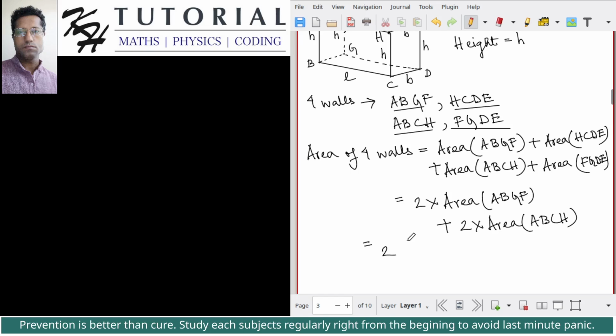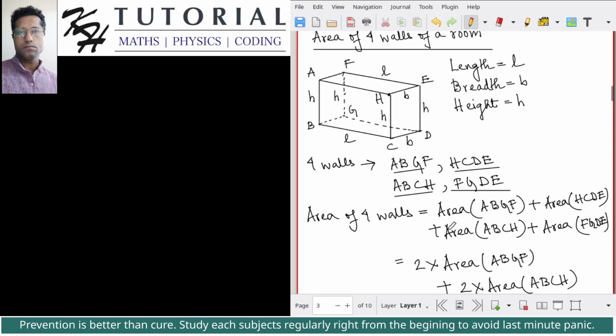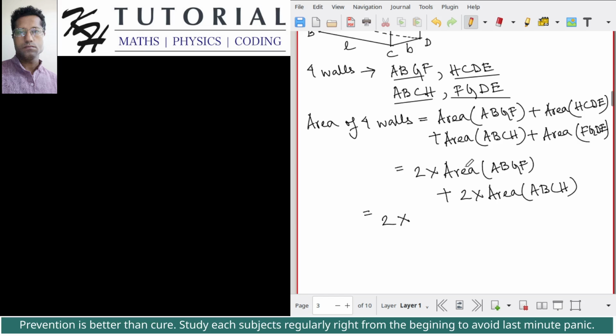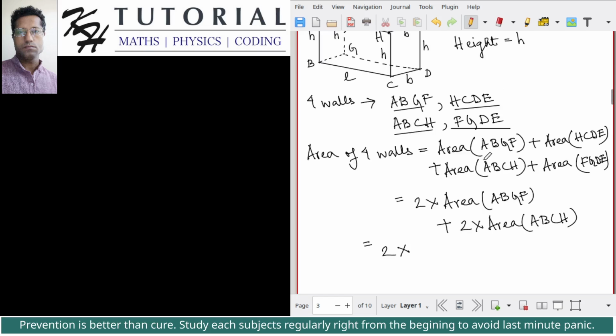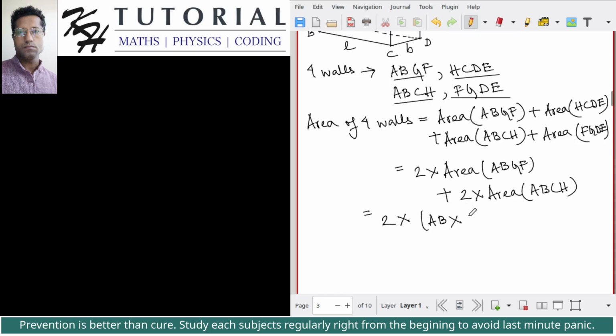Now let's see what the area is. If I take 2 common, what is the area of rectangle ABGF? As you can see, the area of the rectangle ABGF is equal to AB multiplied by BG.